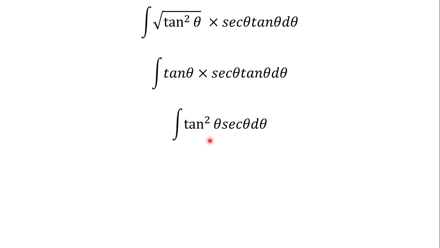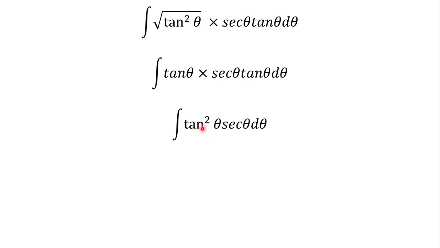Good. Before we continue, this is an integration by parts question, but we are not going to apply integration by parts here directly. Tan theta squared is equal to secant squared minus 1.